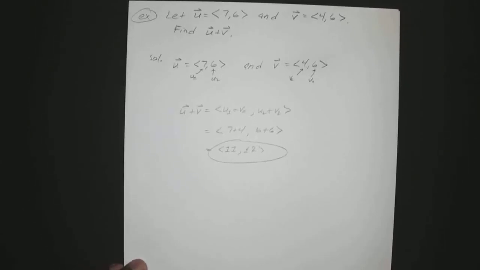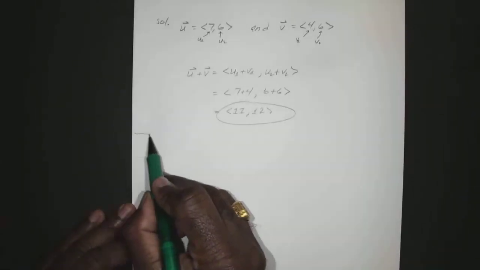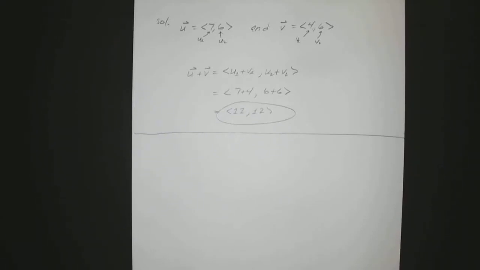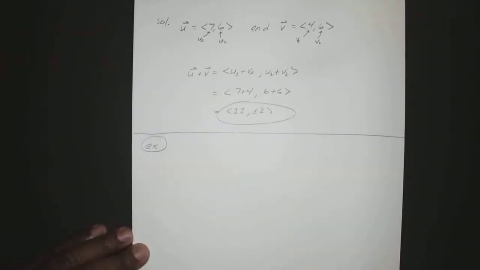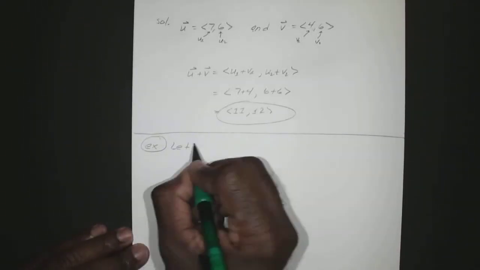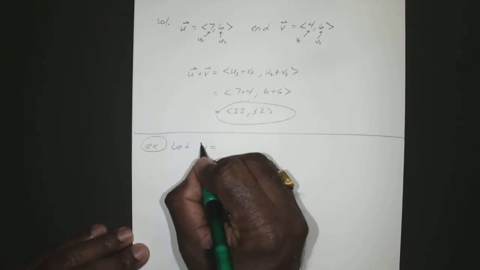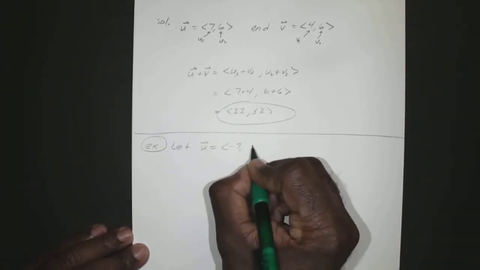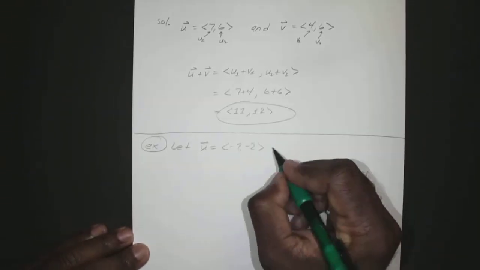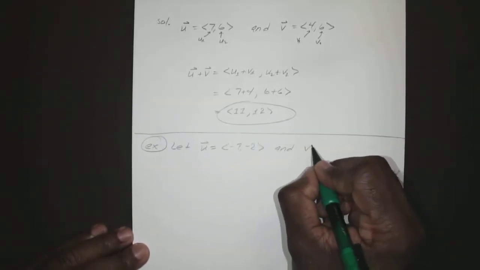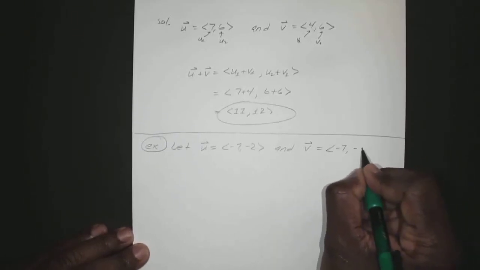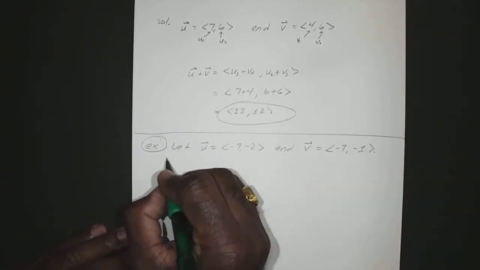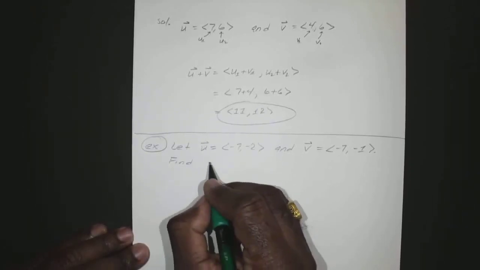All right. So let's say if we wanted to subtract. Okay, let's say we let u vector equal -7, -2, and our vector v is -7, -1. And we want to find u minus v.